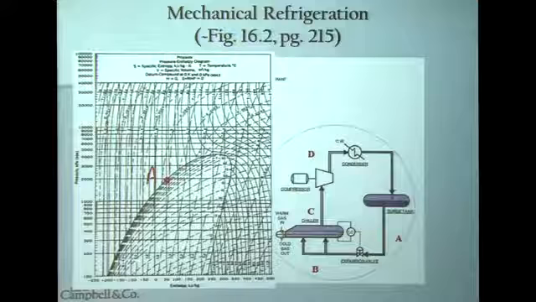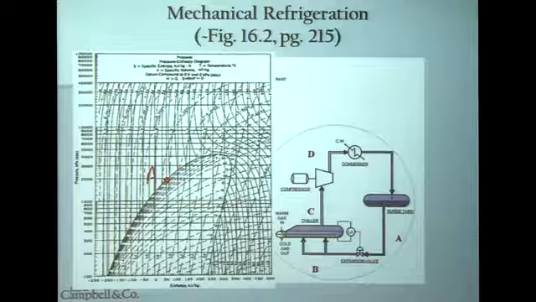Pick another point. You say C. I like C. C is a dew point vapor. This is our dew point curve over here.